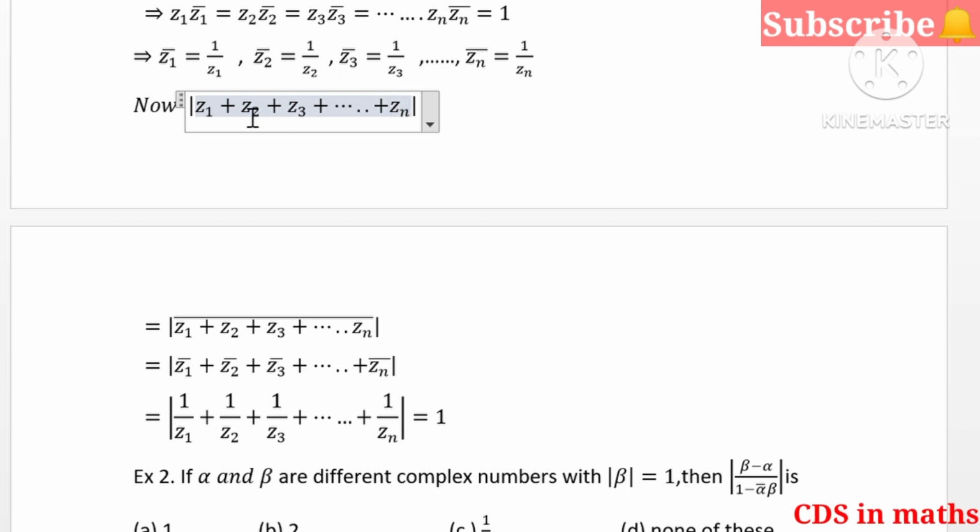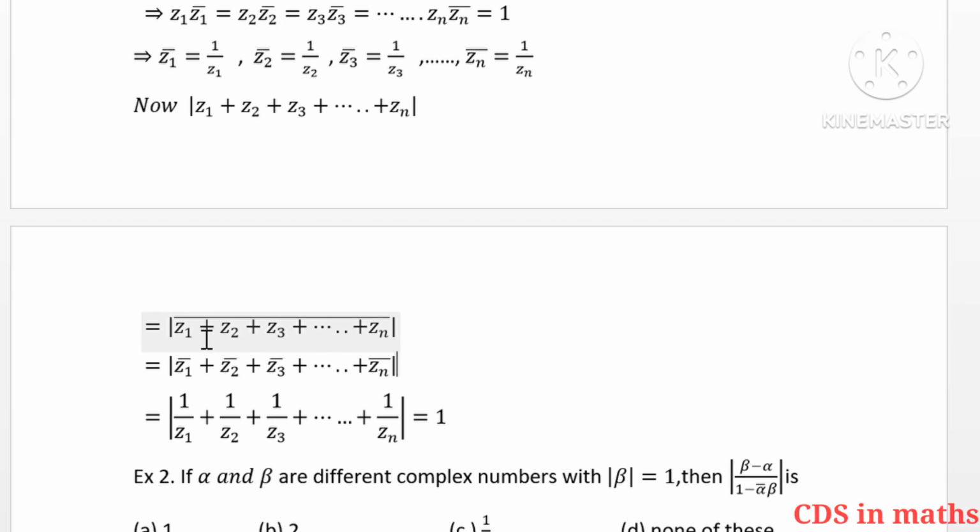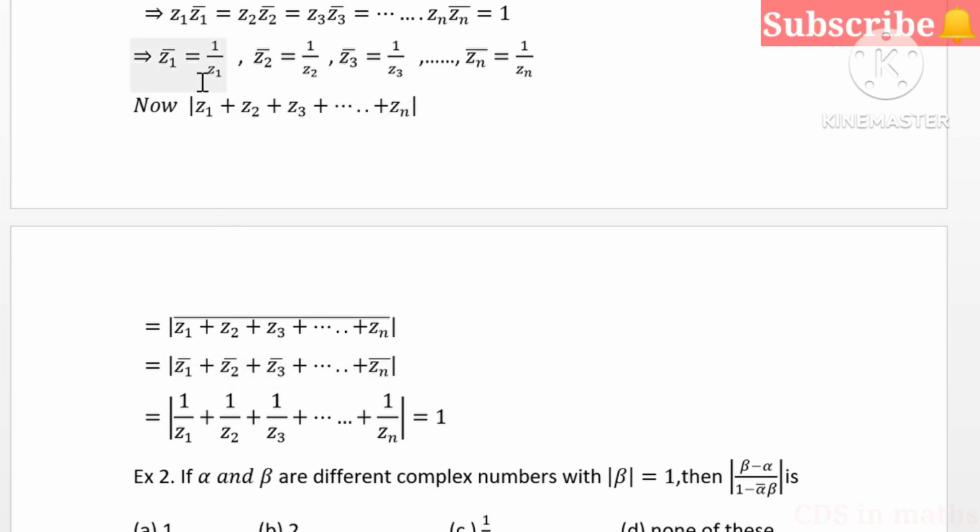These are all n complex numbers, and their sum is again a new complex number. So mod of this whole is equal to mod of the bar of this. Then another property, the conjugate property, says that the bar of z1 plus z2 is z1 bar plus z2 bar. If we use this property for these n complex numbers, the bar goes to every complex number.